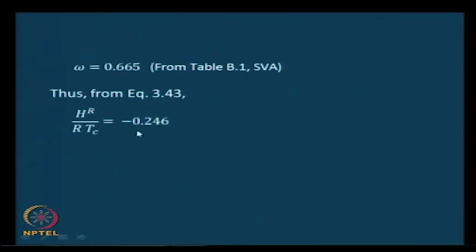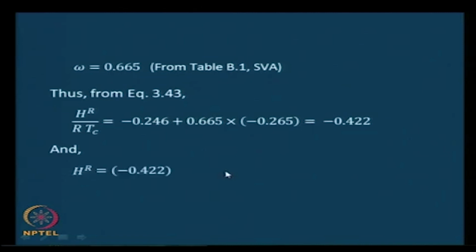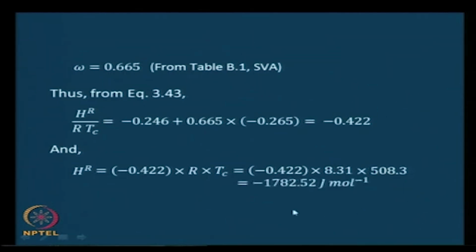HR by RTC is minus 0.246 plus omega 0.665 into minus 0.265, which will turn out to be minus 0.422, and therefore HR is minus 0.422 into R into Tc, which will turn out to be minus 0.422 into 8.31 into 508.3, that is minus 1782.52 joules per mole. Now we have the HR value here.